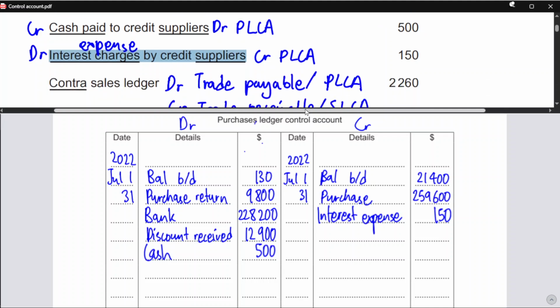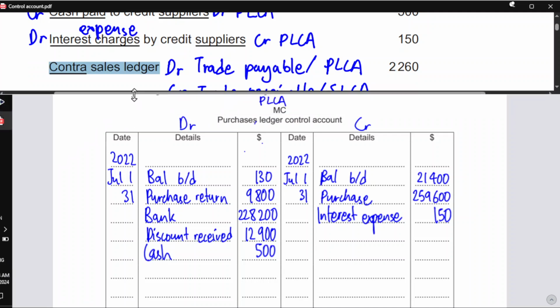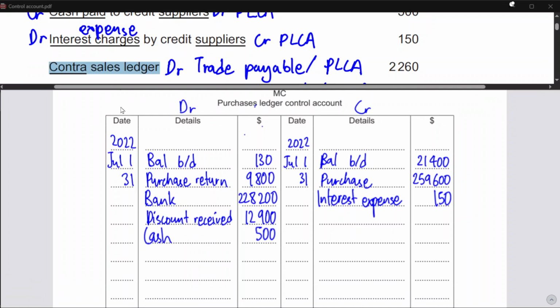Continue. Okay. So for contra, right? The marking scheme, you know what he say? Get PLCA debit, just put contra. PLCA debit, put contra here.